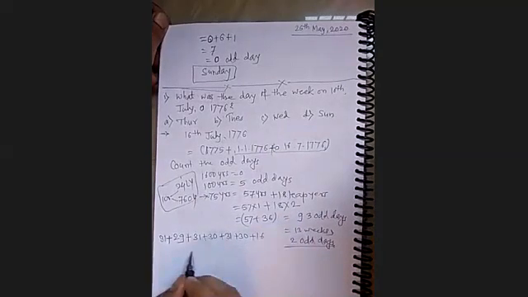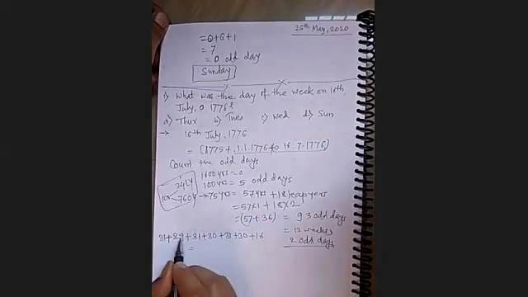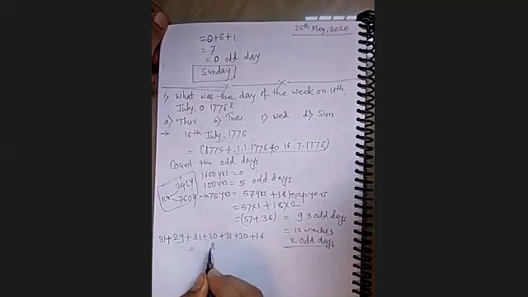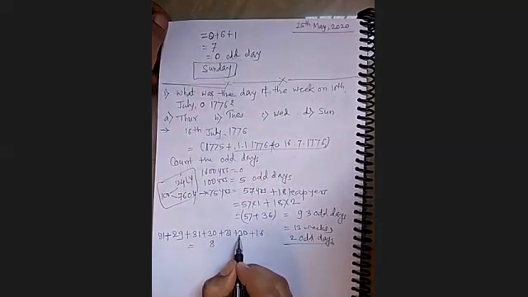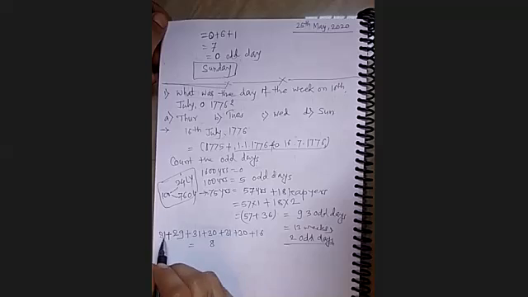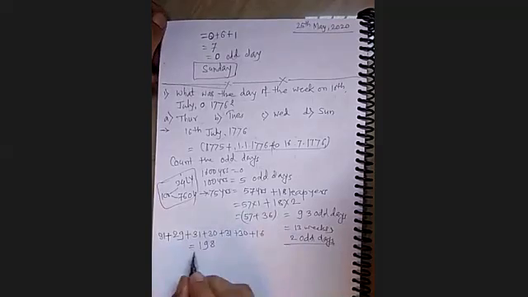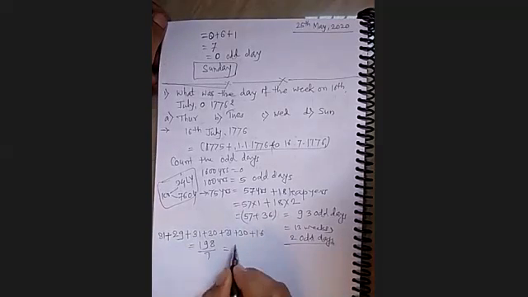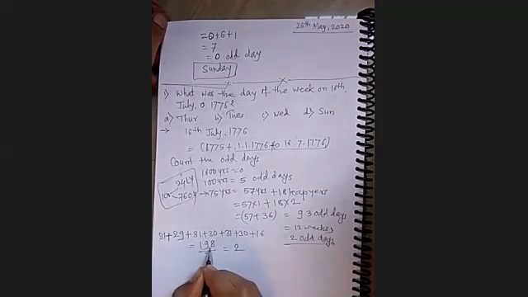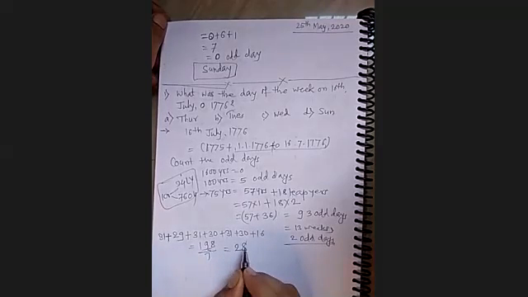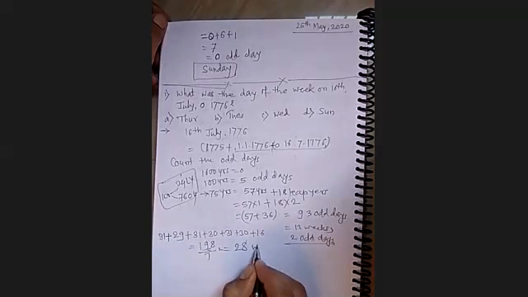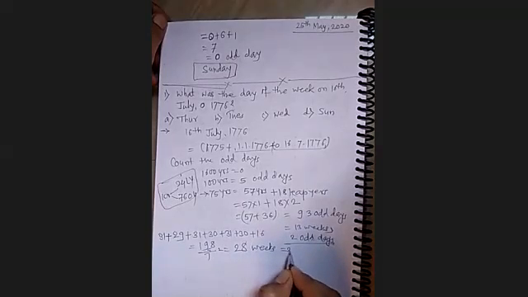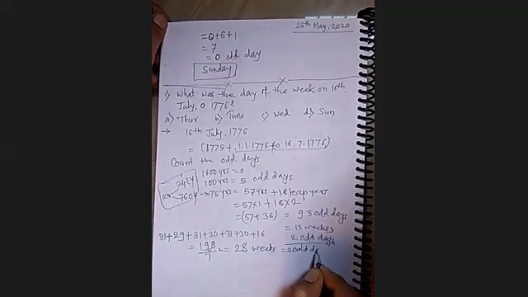So it becomes 198. Now if you convert it into weeks, it becomes 28 complete weeks and 2 odd days.